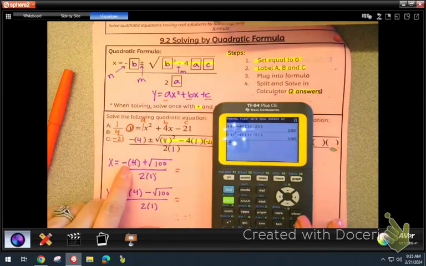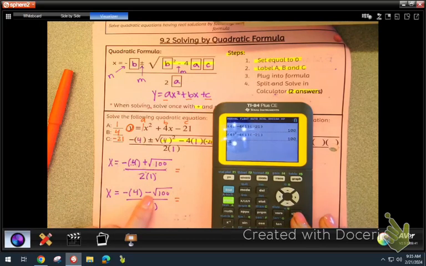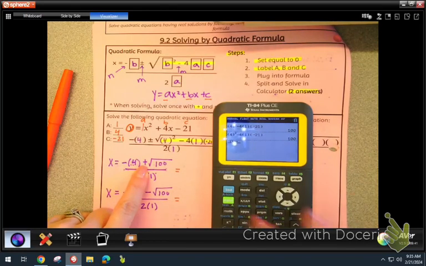Negative parentheses 4 plus second x squared, that's our square root, 100. Scroll down, 2 times 1. So we're going to do all that with a plus.